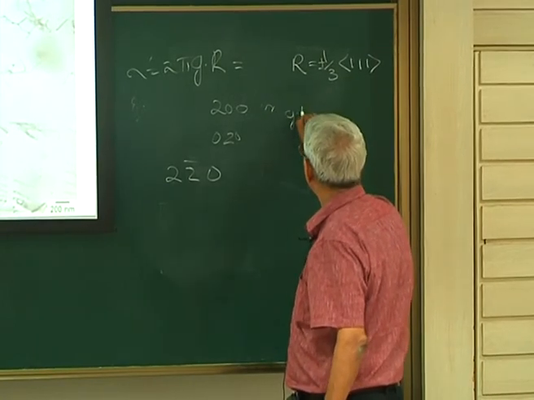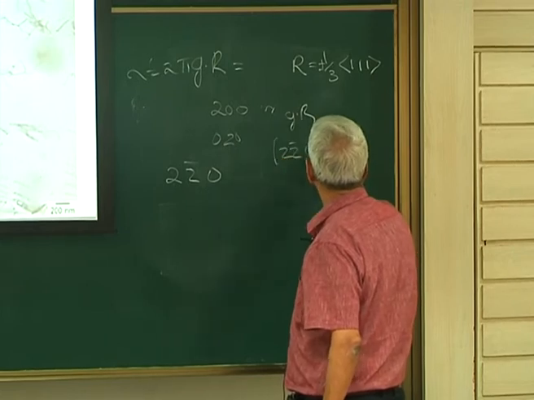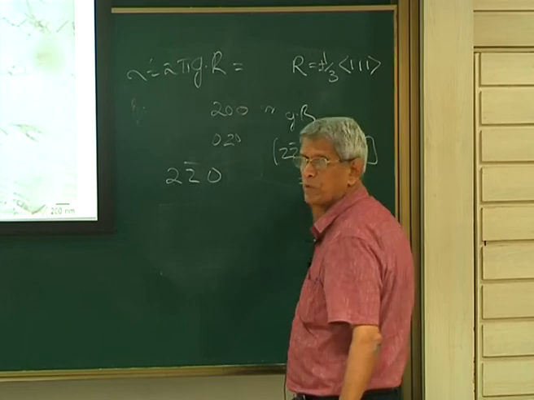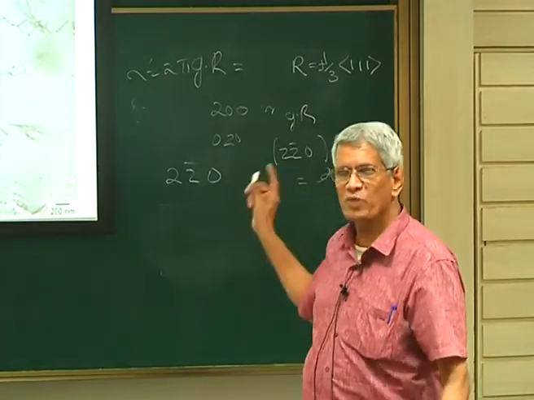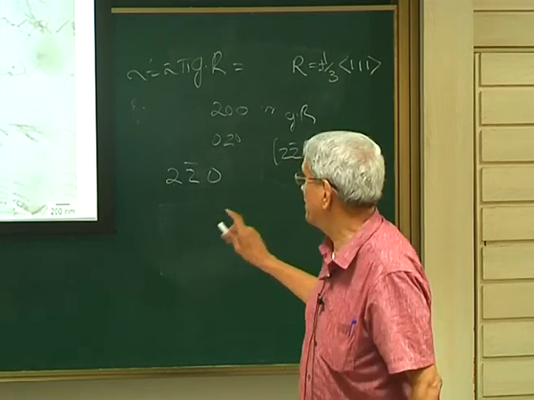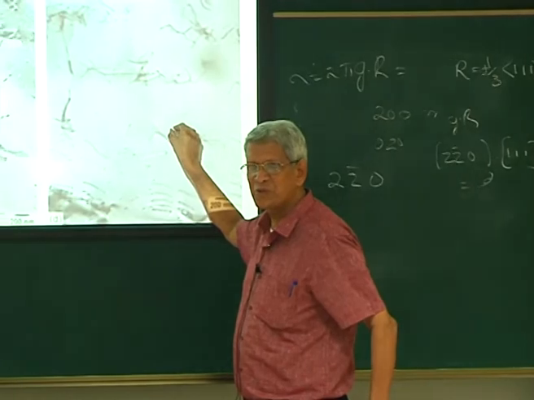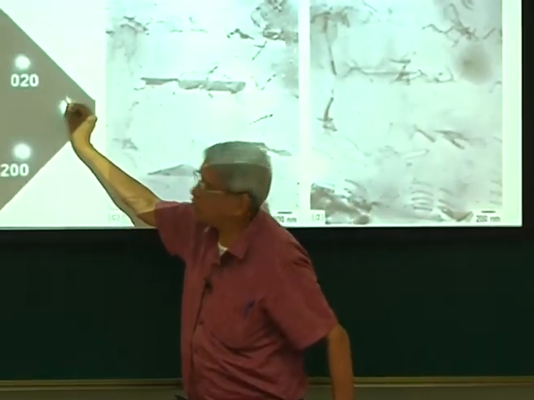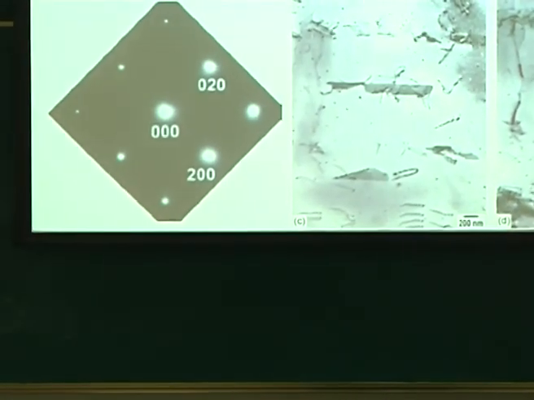G dot R, this is 2 2 bar 0, the dot product with 1 1 1 will become 0, correct? So that means this one corresponds to that, and another one will correspond to 2 2 0. So, that is how it has been done.